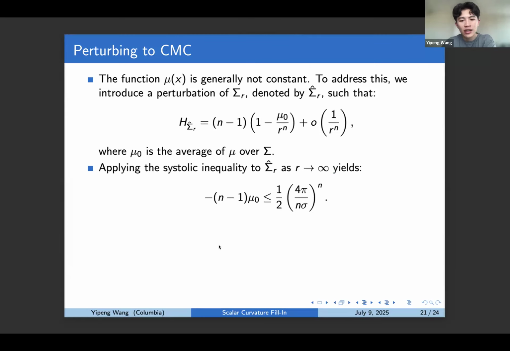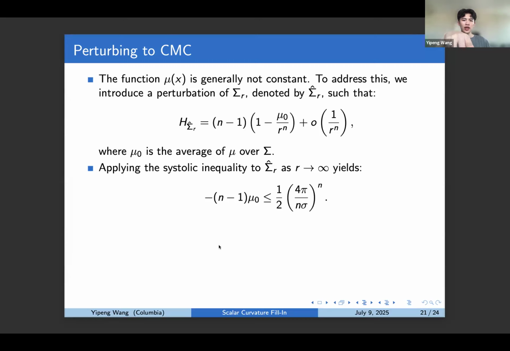And then the idea is that if you try to apply the systolic inequality to these perturbed surfaces as R goes to infinity, it will tell you that n minus 1 times mu zero is bounded by this given constant depending on the systole. Recall that the systolic inequality says that the infimum of mean curvature minus n minus 1 is bounded by such a constant.